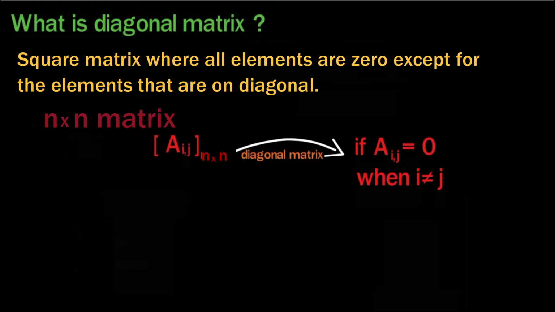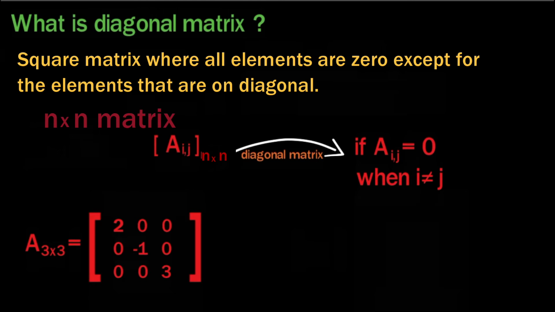So let's look at some examples of a diagonal matrix. Let's say we have a 3 by 3 matrix, with 2, -1, 3 on the diagonal and 0 everywhere else. This is a diagonal matrix because all the elements are 0 except for the elements on the diagonal.